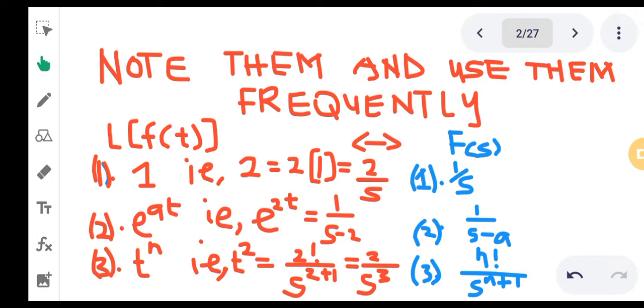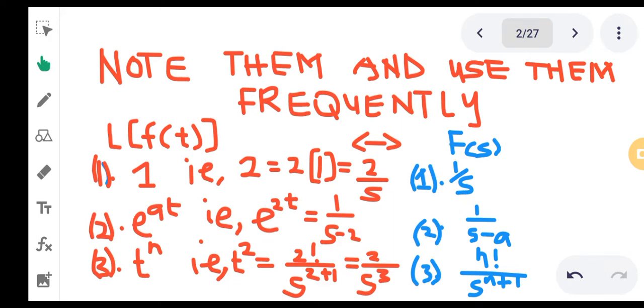Anytime you have the Laplace of a constant, say 1, you are going to get 1 over s.